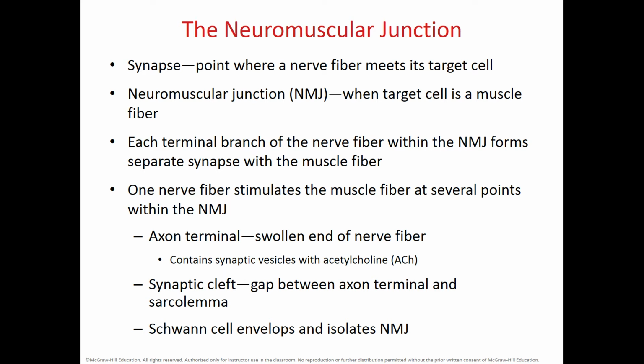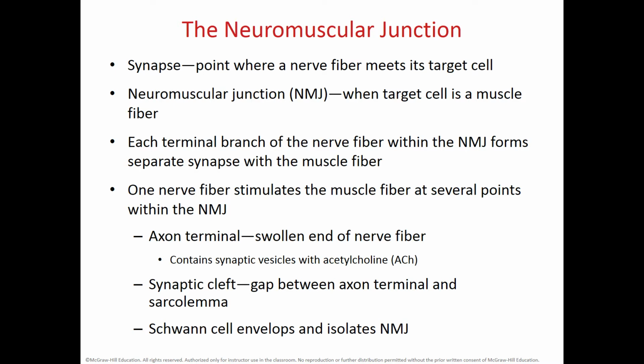This is one of the key points that I told you about, that the motor neuron has these synaptic vesicles filled with acetylcholine, the neurotransmitter. Then you have this gap, or synaptic cleft, between the motor neuron and the muscle fiber.